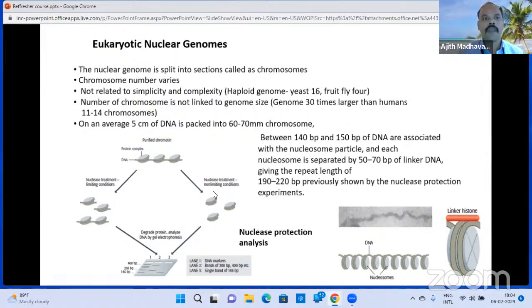The information required for the structure and the function of the cell is present inside the cell in the form of a double-stranded DNA molecule. They are basically packed in separate units, especially in eukaryotes, called chromosomes.